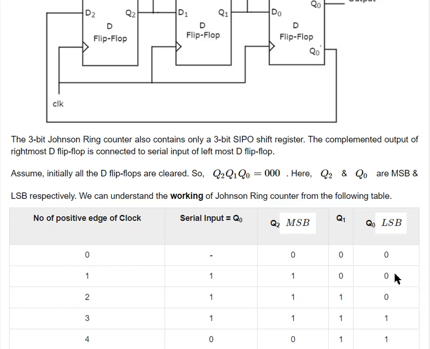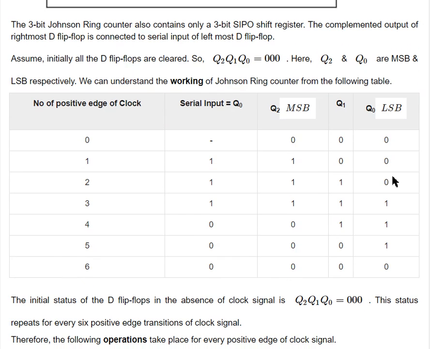For the next clock cycle, 0 is again there, so 1 is applied because of the complement, and we shift each and every bit, so it becomes 110. Then the last 0 is there, so it becomes 111. Now this is 1, so the complementary output becomes 0, giving 011. For this one, 001, because we are shifting this bit also, and for the last one, 000 is given.